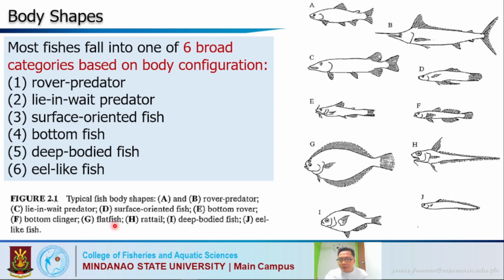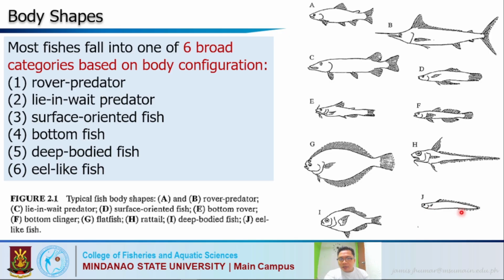And then G is flatfish, obviously the flounders and rays and skates. And then H is the rat tails. Rat tails are known to be living in the deepest part of the ocean. And then the deep-bodied fish or pomfrets.